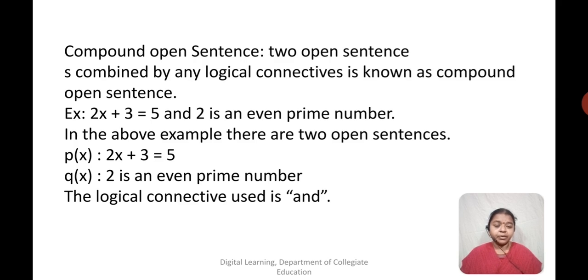For example, 2x + 3 = 5 and 2 is an even prime number. In the above example, there are two open sentences. The first one is 2x + 3 = 5, which I write as P(x). Next, Q(x), I'll write as 2 is an even number. Now, what is the logical connective used in this particular compound open sentence? It is AND.